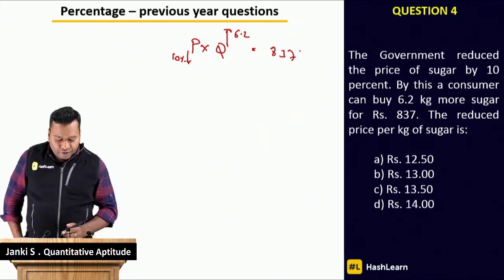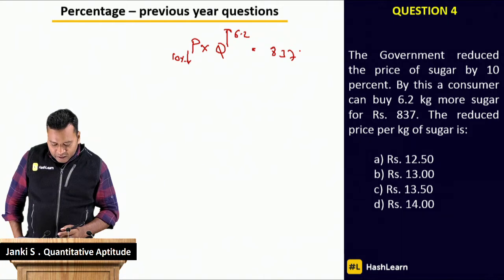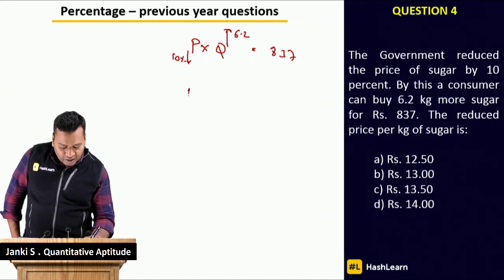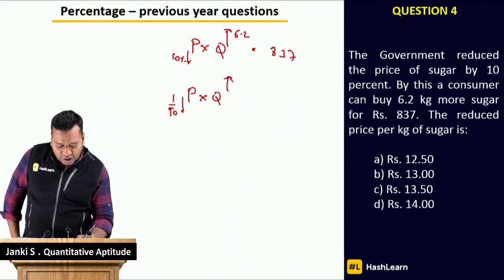Okay, now first thing is you have to identify the price is reduced by 10%. That means the reduction is about 1 by 10.